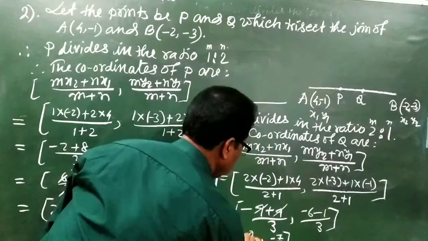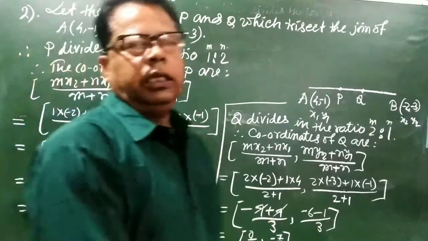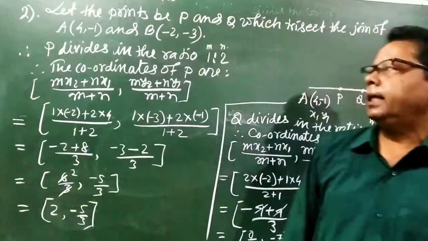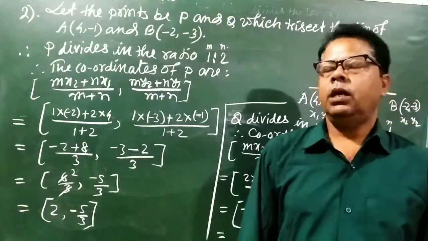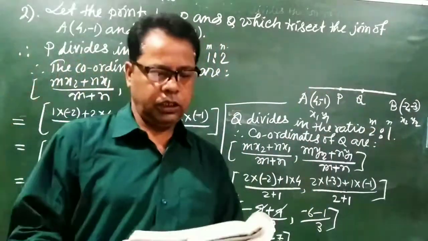So these are the coordinates of point Q. So these are the points which trisect the line segment AB. So ratio will be different for P and Q. So question number 2 is completed.